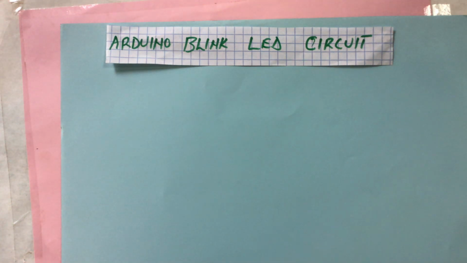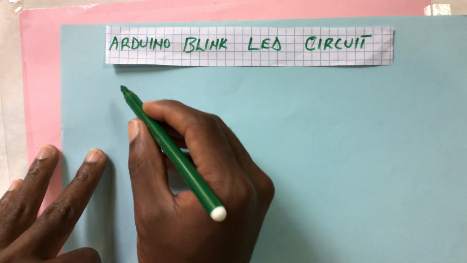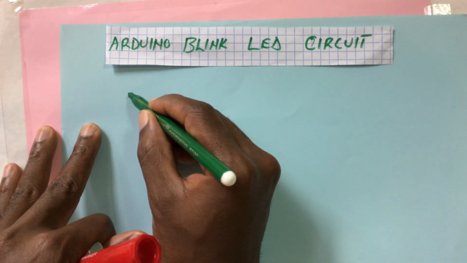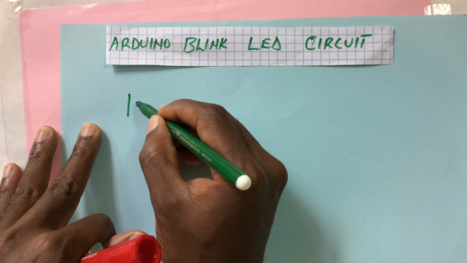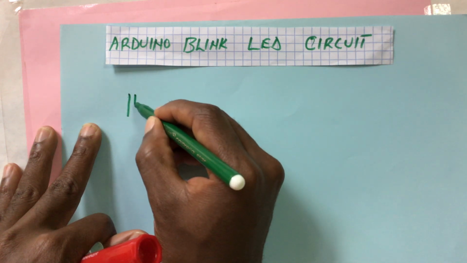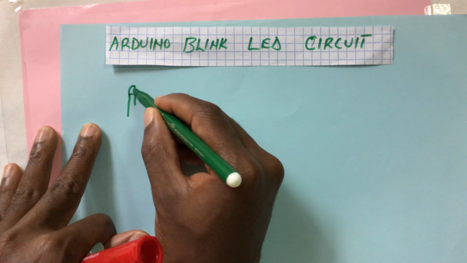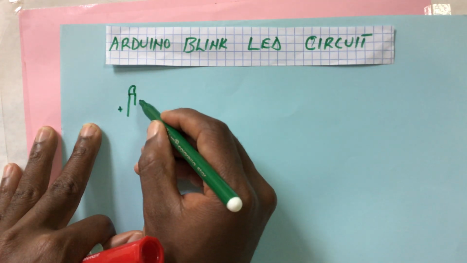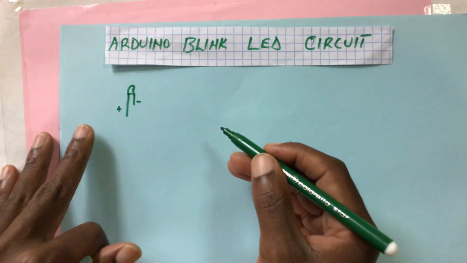So before I start drawing the circuit, we'll just recap a few things, and I just want to add some information on some of the things I didn't tell you. You remember we said that the LED normally has one long pin and one short pin, and the long pin is always the positive, goes to the positive side, and the short pin goes to the negative side.